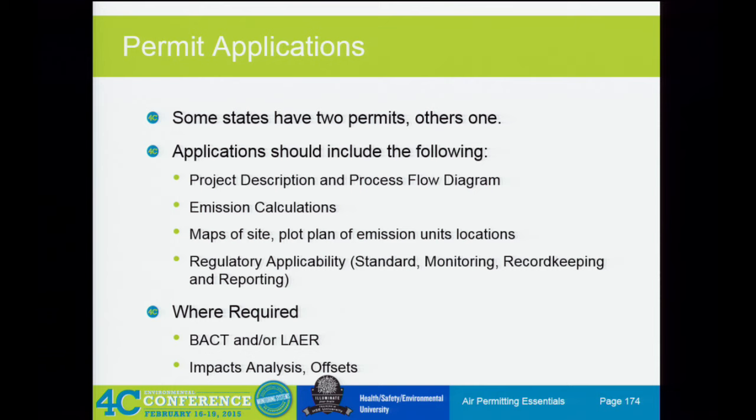The agency will do its own review and they'll look at yours. And you'll probably have to do an impacts analysis, which can be both a health impacts analysis or a NAAQS analysis. And if you're doing a non-attainment, then you should probably go in talking about offsets so that the agency doesn't come back and say, what are you doing about offsets? That should be sort of pre-thought about.